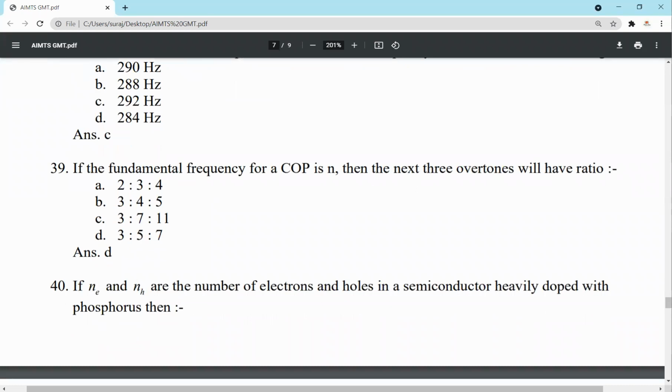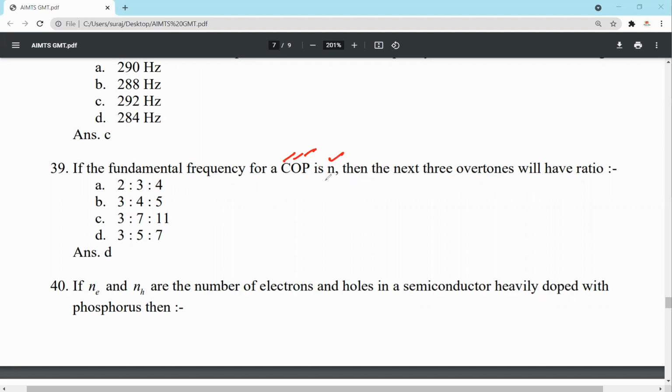If the fundamental frequency of a COP is N, the next three overtones will have the ratio. COP is closed organ pipe.